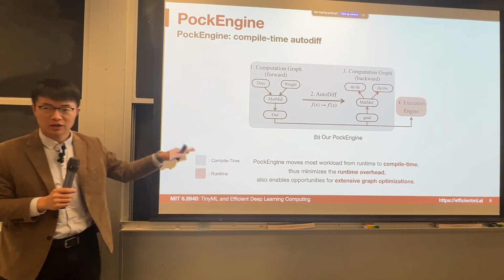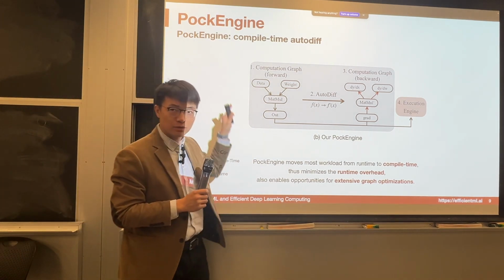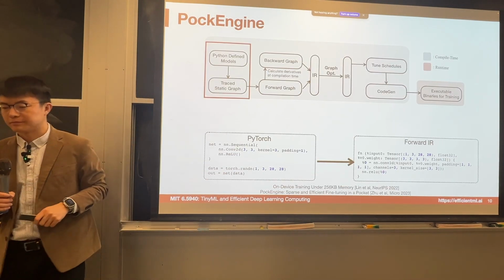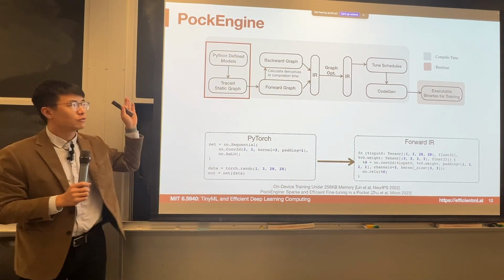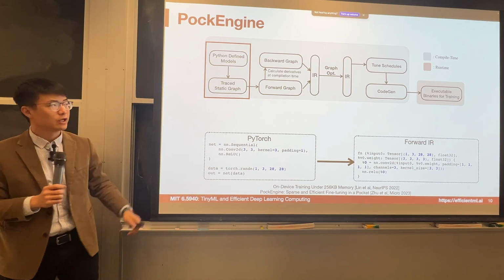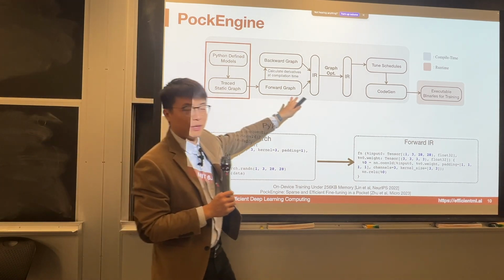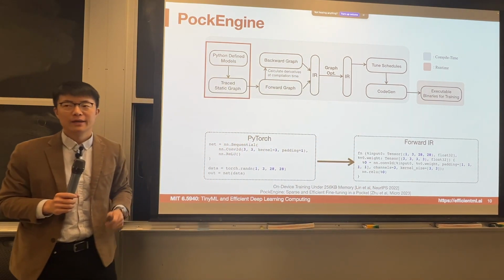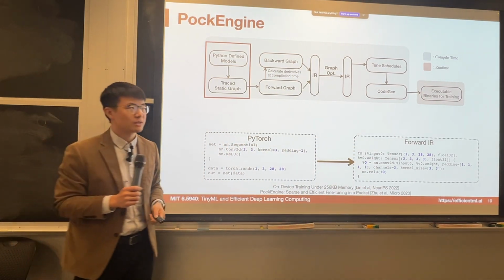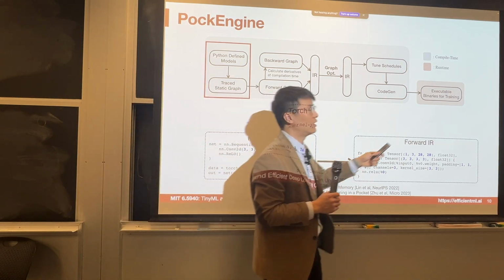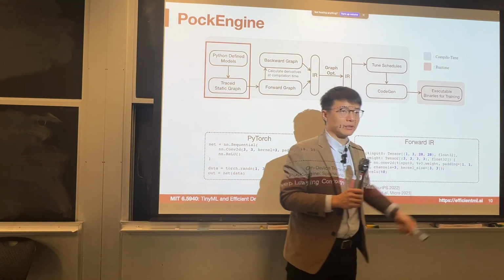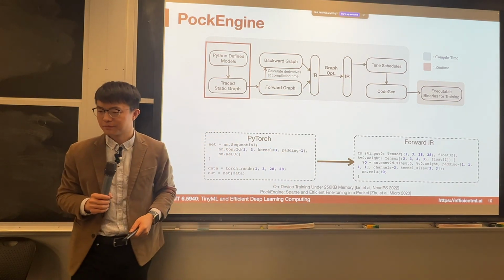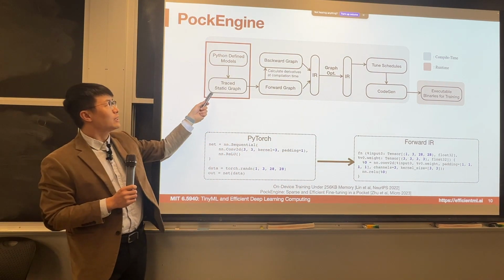So it gives us the opportunity to prune the computation graph at compile time. This is the overview of PockEngine. It has many steps at compile time versus a very thin executable at runtime. Another advantage of this compilation-based approach is that we can eliminate all the redundant code and make the executable binary pretty compact.